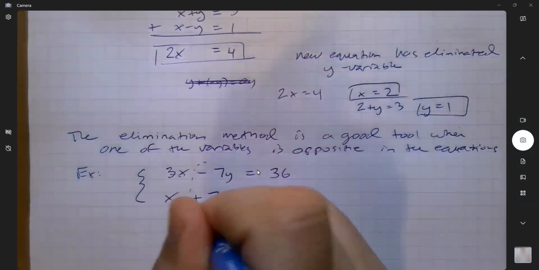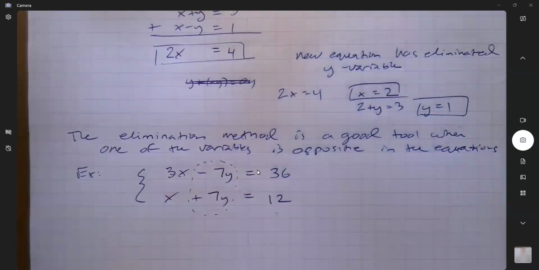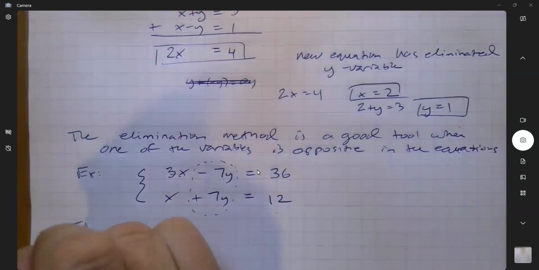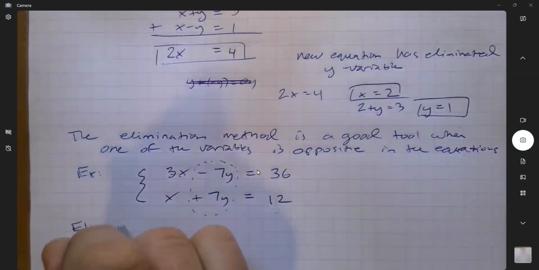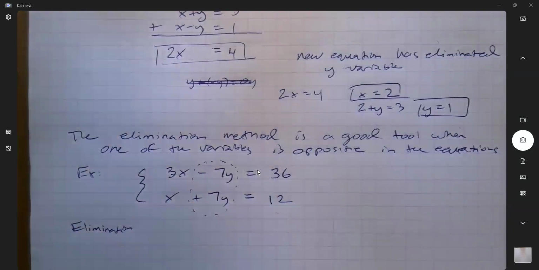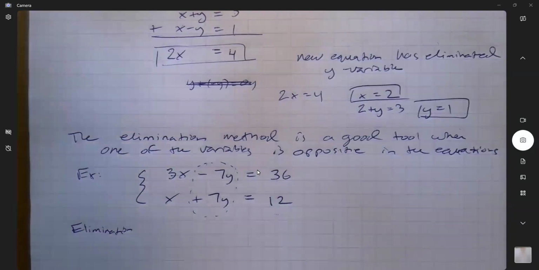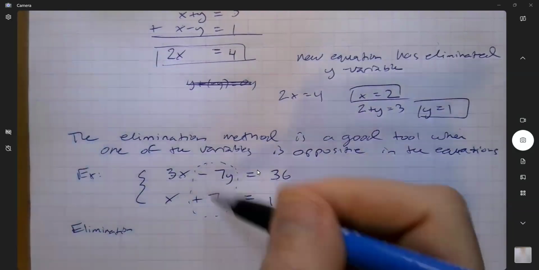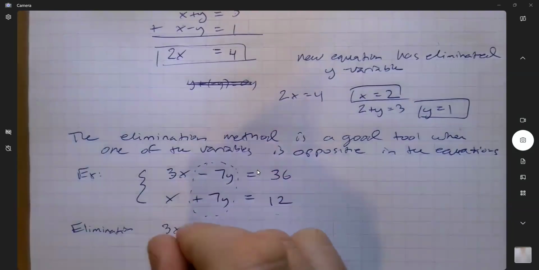But because one of my variables is an opposite in the equations, I'm going to use elimination. It's time to change my bike pedals, so I'll grab my pedal wrench. It's time to frost the cake, so I'm going to grab my frosting spatula. Because in this case, it's the right tool for the job.